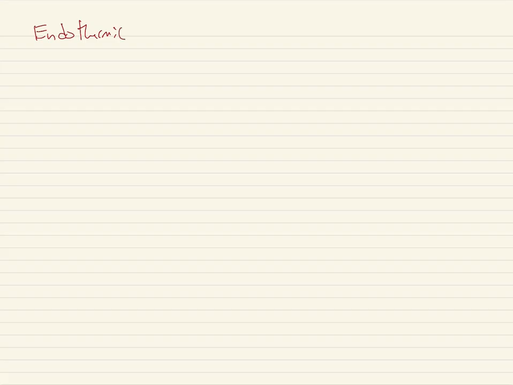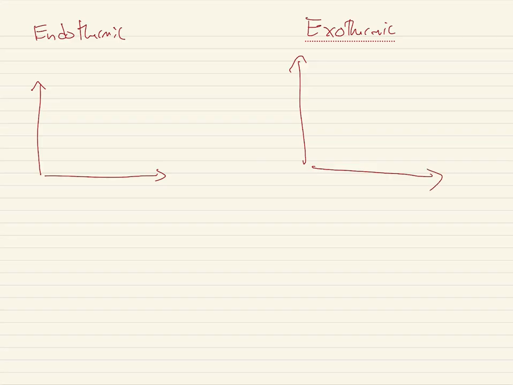And so, again, for endothermic versus exothermic reactions, I'm going to draw both of the plots. This is our reaction coordinate, which is the same thing as the reaction progress.